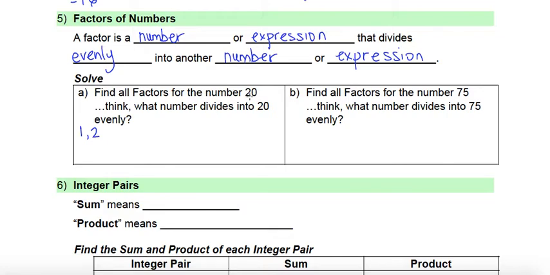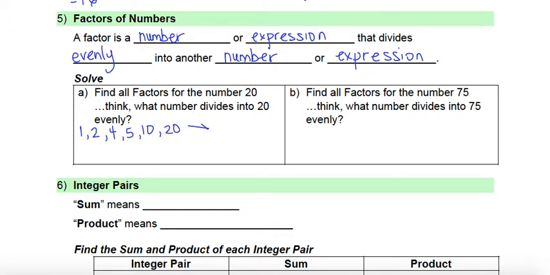Does 3 divide evenly into 20? No. So then I go to 4. Does 4 divide evenly into 20? Yes. What about 5? Yes. 6, 7, 8, 9, no. None of those do. And then, 10 does. And then the next one would be 20, right?